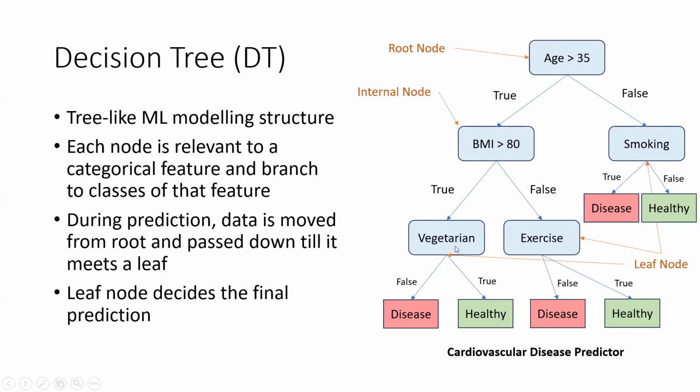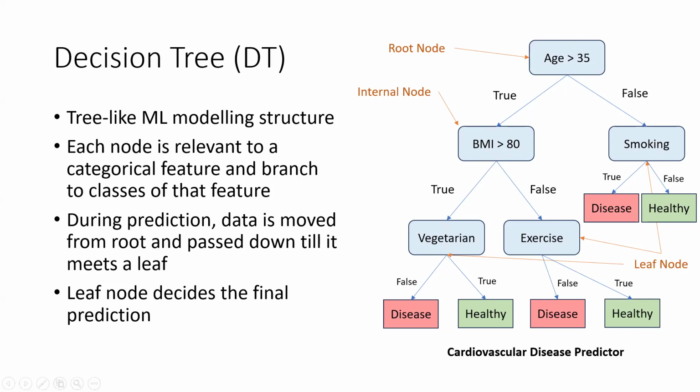The bottommost nodes are known as leaf nodes. And the nodes that are inside the tree, which are not root nodes or leaf nodes, are known as internal nodes. Right?